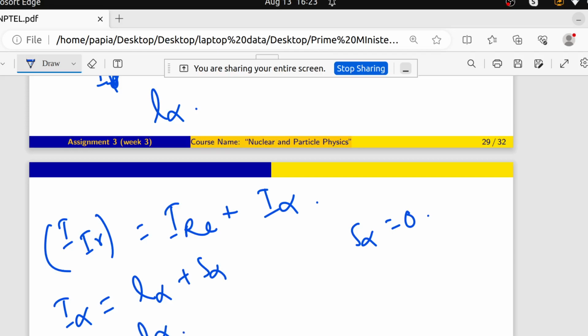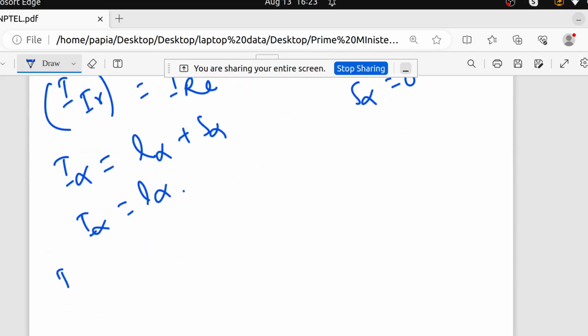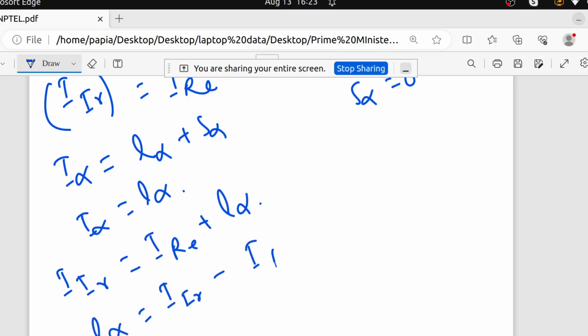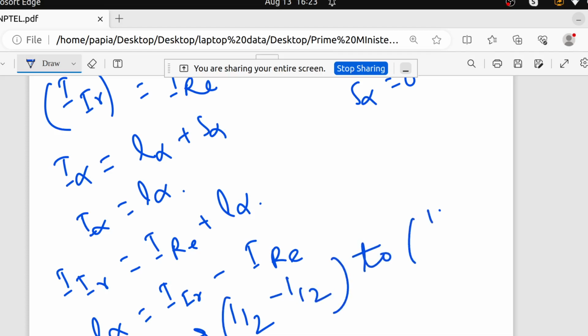Now I of IR equals I of RE plus L of alpha. L of alpha is I of IR minus I of RE. So L of alpha will be values from half minus half to half plus half in steps of 1.